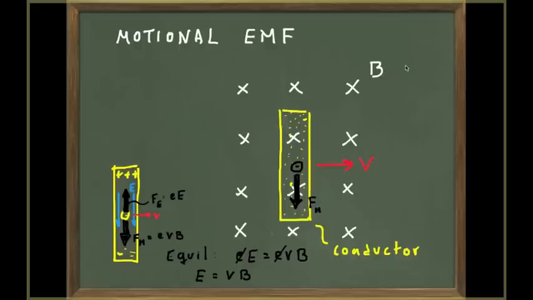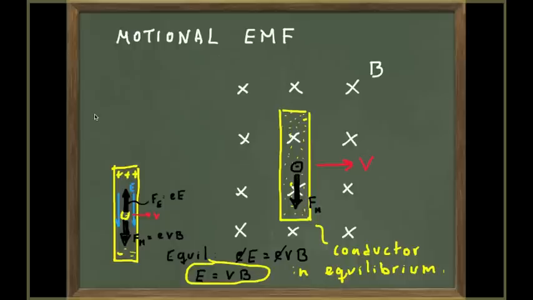Okay? And we know in which directions the forces are going. So this is the condition for equilibrium. When this condition is satisfied, there will be no more flow of electrons inside the moving bar. Okay? So that tells you that the equilibrium electric field is going to be equal to VB, because you can cancel the Q on both sides.